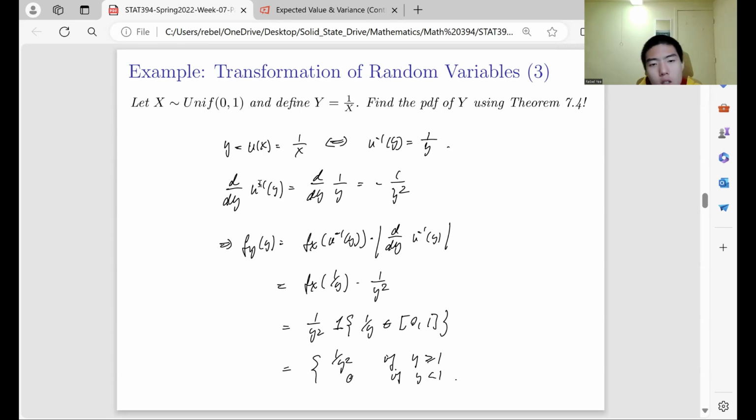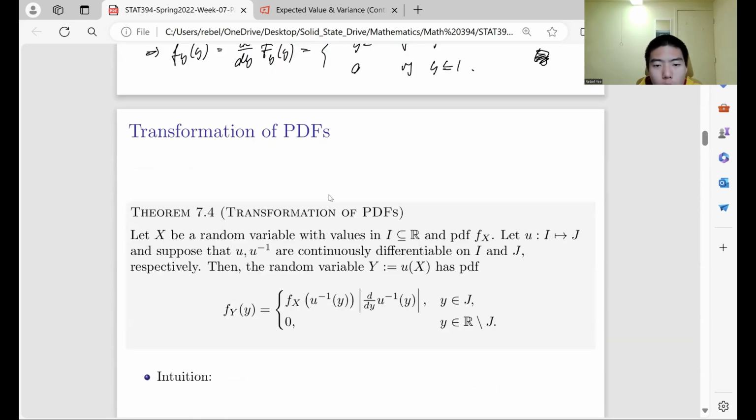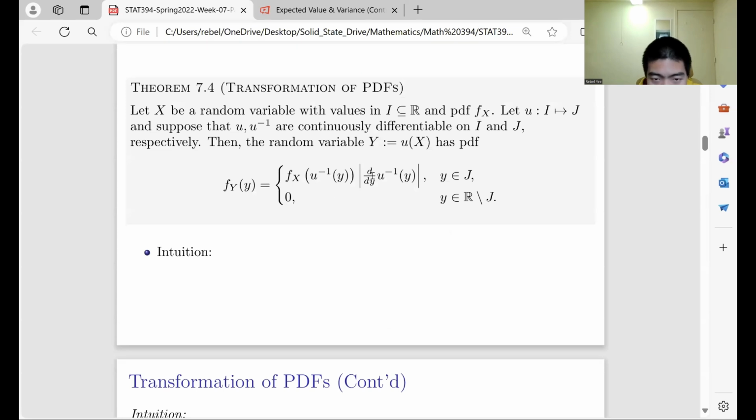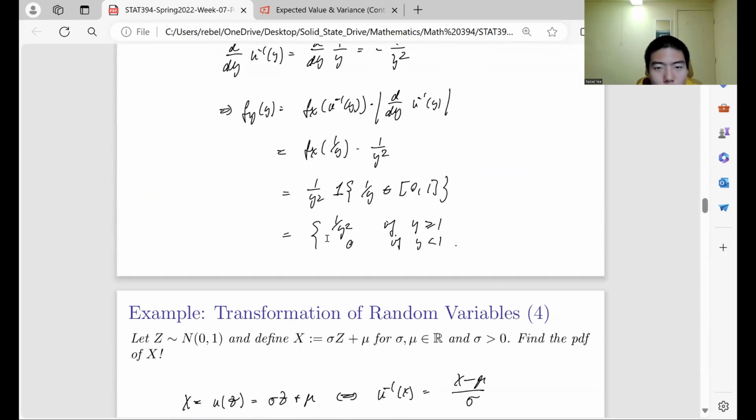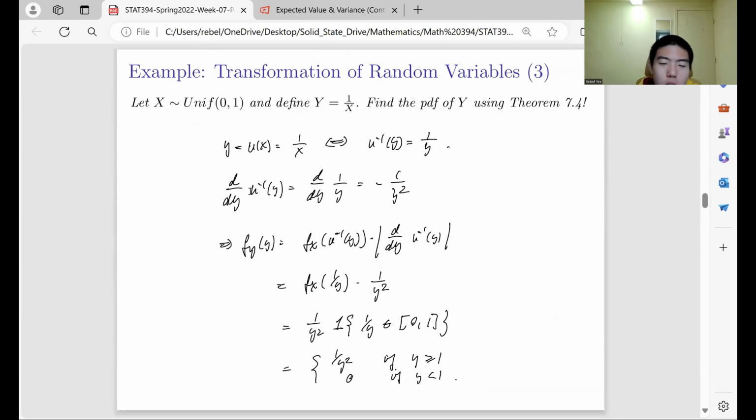So let's see the formula. What we will compute first is the transformation's inverse differentiation. And we also need to compute the PDF of the inverse form. So let's first do the differentiation. How do you differentiate this one?